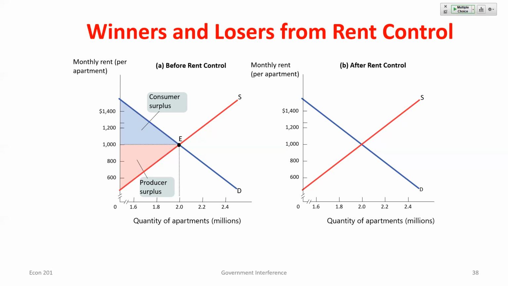We usually just call this area CS, consumer surplus. For producer surplus, price is actually a good thing. That is the benefit to the producers. The cost to the producers is whatever the marginal cost was of providing those additional units. So for each unit, the benefit is price and the cost is represented by the supply curve, the marginal cost of providing that good.